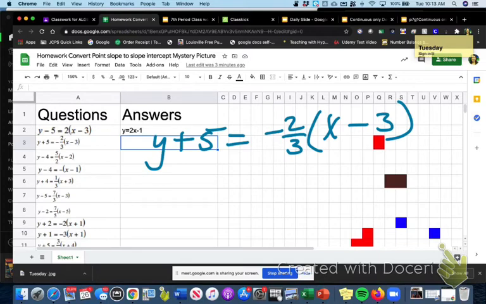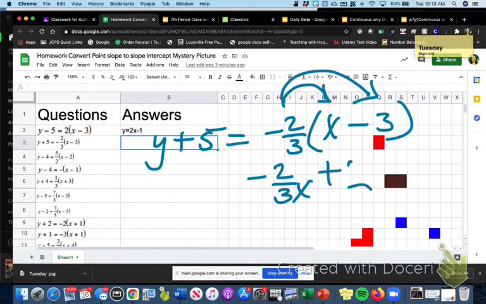So back to converting this to slope-intercept form. To get rid of those parentheses, I'm going to do negative 2/3 times x. So that's just going to be negative 2/3 x. Negative 2/3 times negative 3, we established with that scientific calculator, is 2. And because it's a positive 2, we need to do plus 2. Bring down the y plus 5. We still need to get that y by itself.